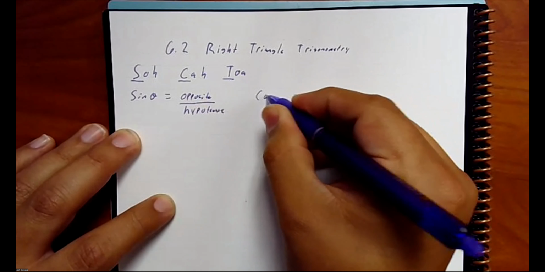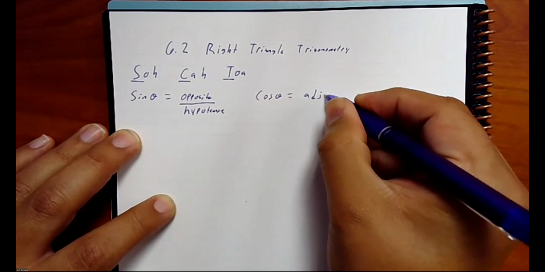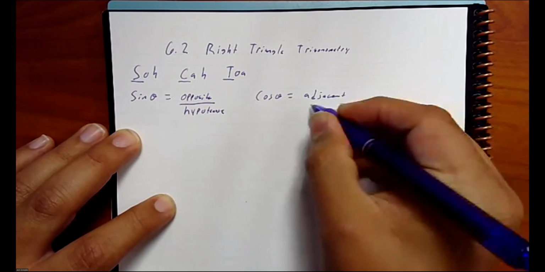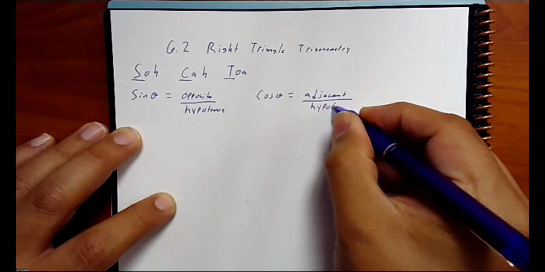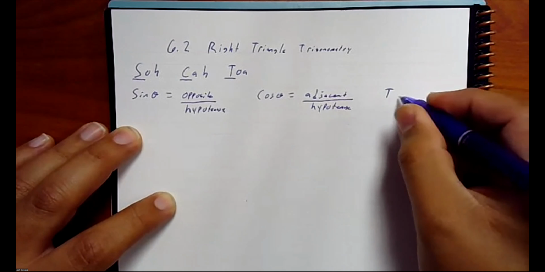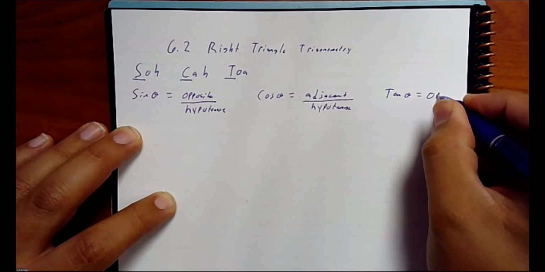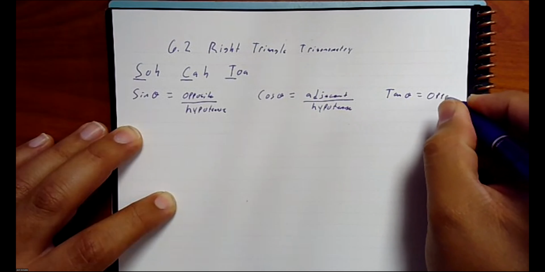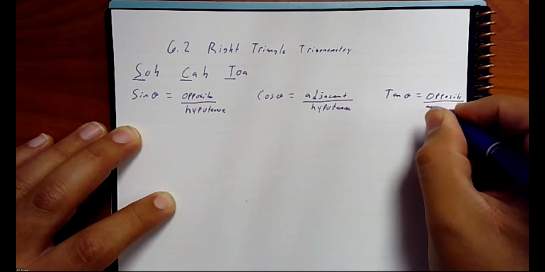Cosine of theta is equal to adjacent over hypotenuse. TOA for tangent is equal to opposite over adjacent.